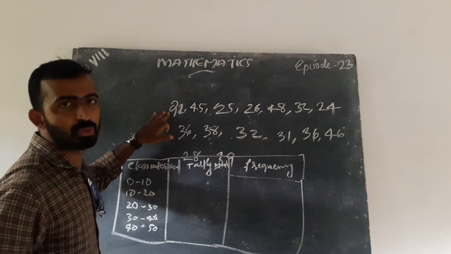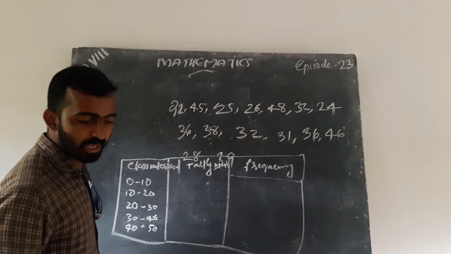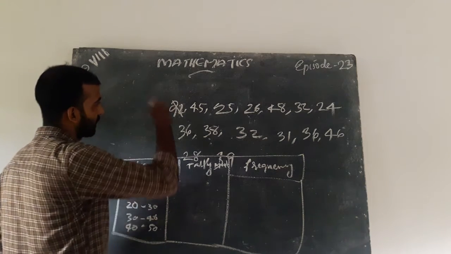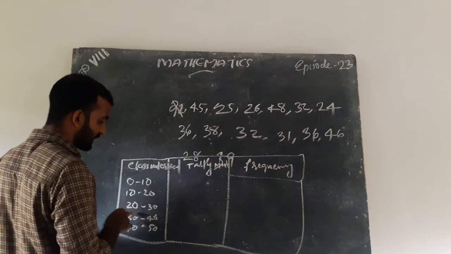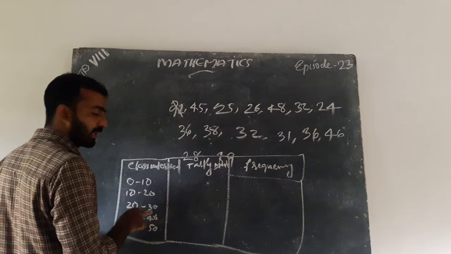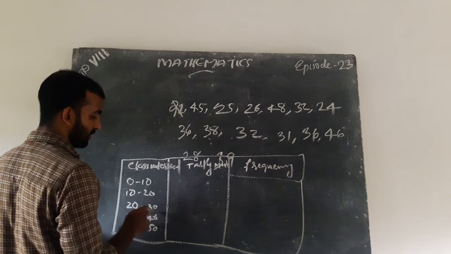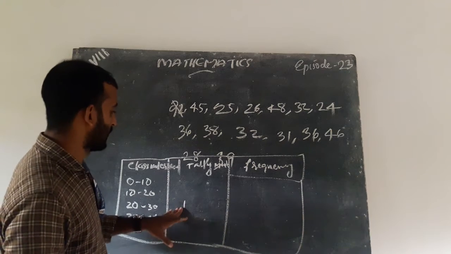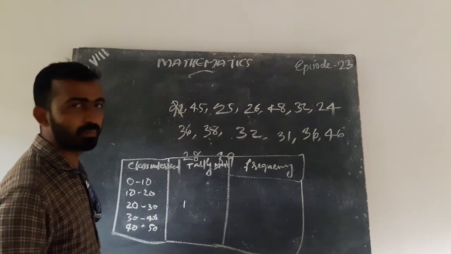We take a pencil and slightly cross the 22, and 22 is in 20 to 30. We mark a point, or 1.